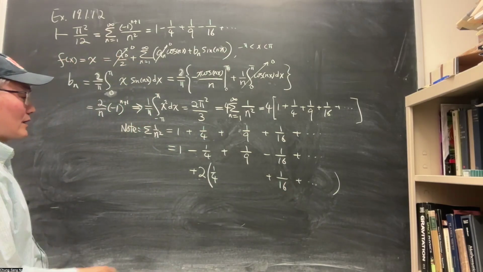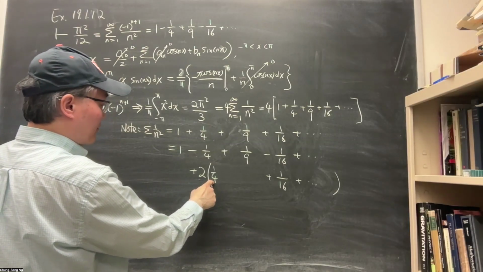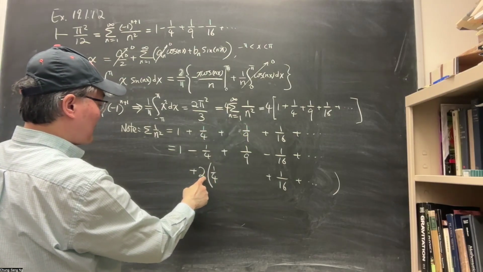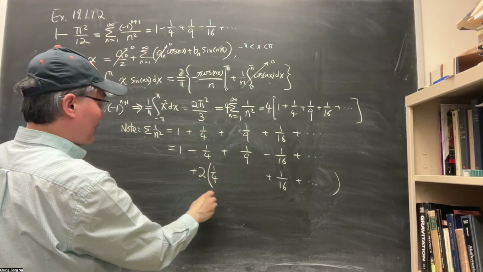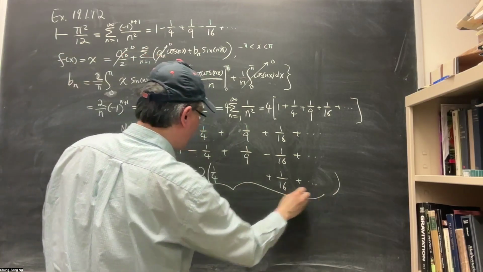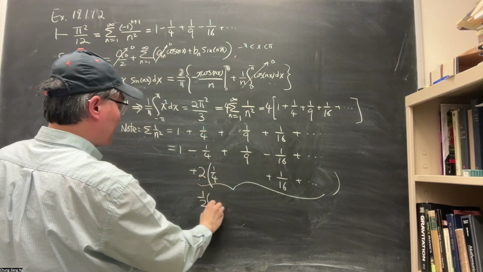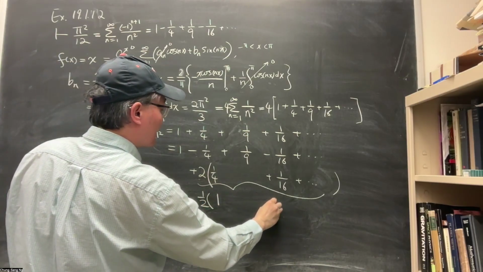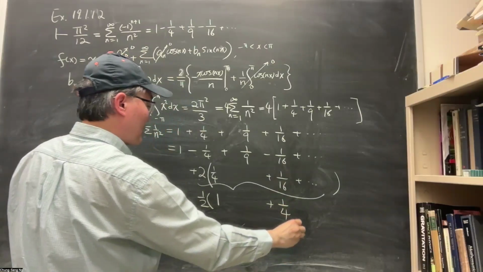Then you realize that you can pull out a factor of 2 before you take the square, so 2 becomes 2 squared. Dividing by 4 becomes 1/2. Taking a factor of 4 out of the second line, 1/4 becomes 1, and 1/16 becomes 1/4, and so on.